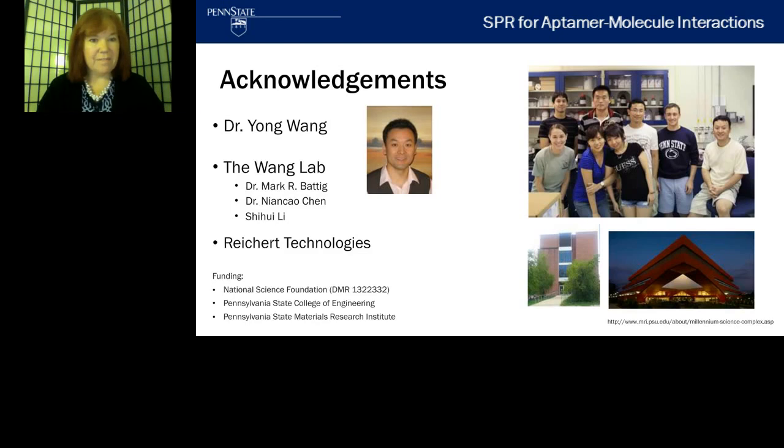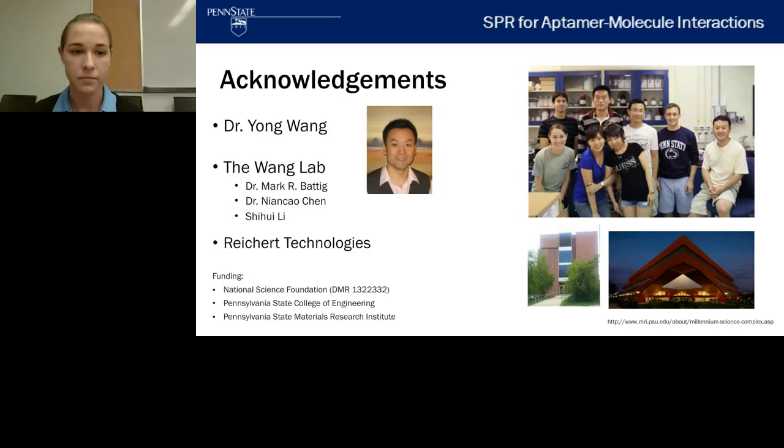Our next question: have you investigated the different effects of cations, particularly divalent ones, on aptamer binding? Divalent cations are important and are especially associated with a lot of aggregation and binding.